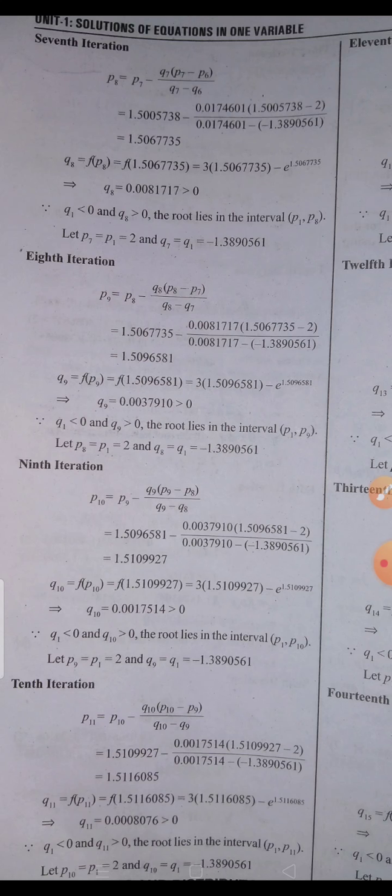This is greater than 0. Since Q1 is less than 0 and Q11 is greater than 0, therefore the root lies in the interval P1 comma P11. Let P10 equal P1, which is 2, and Q10 equal Q1, which is minus 1.3890561.